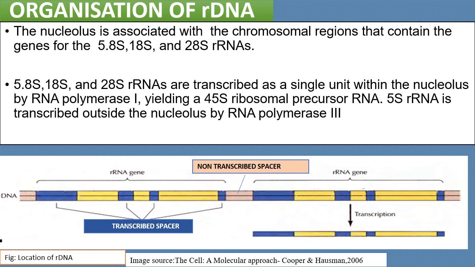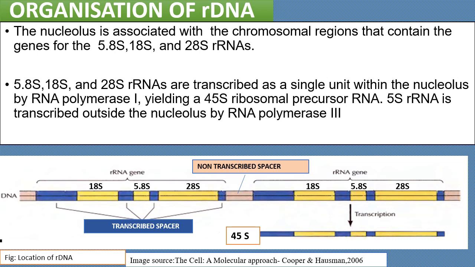Out of the 4 ribosomal RNAs, 18S, 5.8S and 28S ribosomal RNAs are transcribed as a single unit within the nucleolus, and it produces a 45S precursor ribosomal RNA molecule. This 45S precursor ribosomal RNA is further processed to produce 3 different types of ribosomal RNAs, that means 5.8S, 18S and 28S ribosomal RNAs.